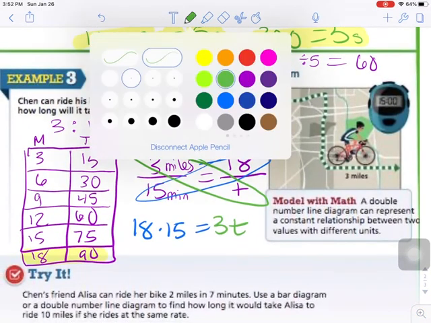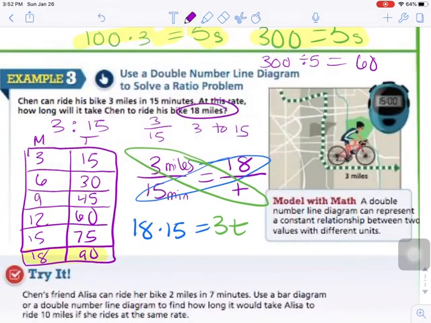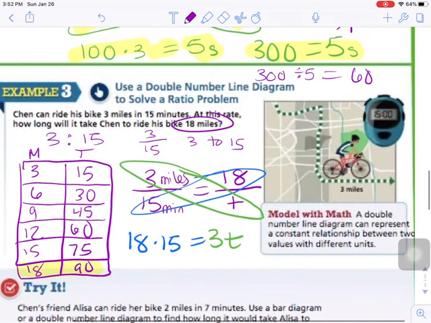And now by undoing the operation, when a number is right next to a variable, that is multiplication. So to undo multiplication, I'm going to divide by 3 on both sides. Oops, first I need to multiply 18 times 15. So we have to do 18 times 15, which is 270.